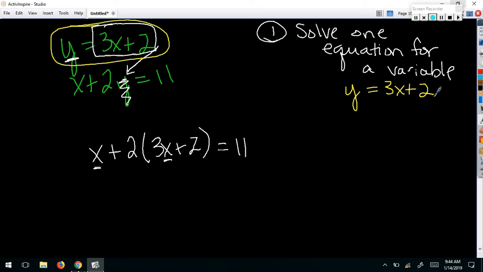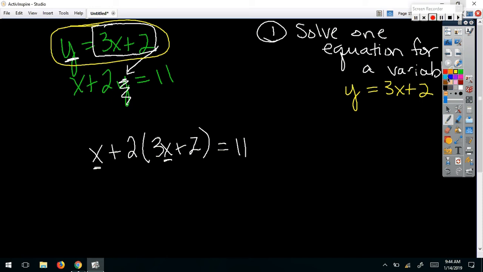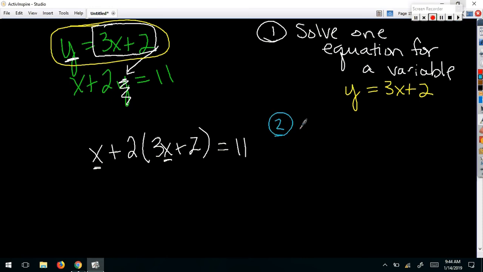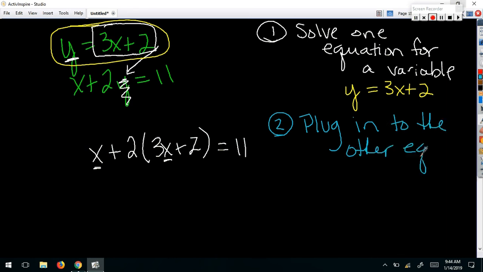So with one equation, get the variable by itself. Once you do that, you're going to use that to plug into the other equation. So you're going to use one equation to solve the other equation.